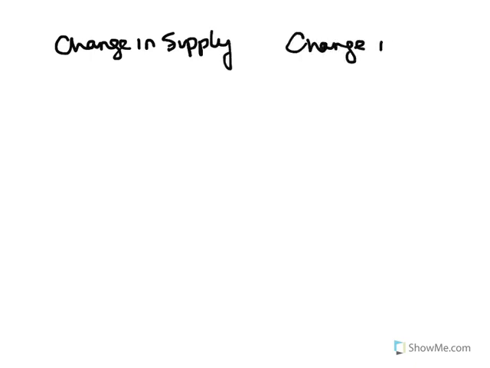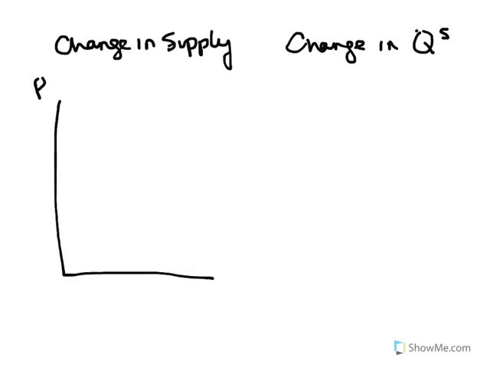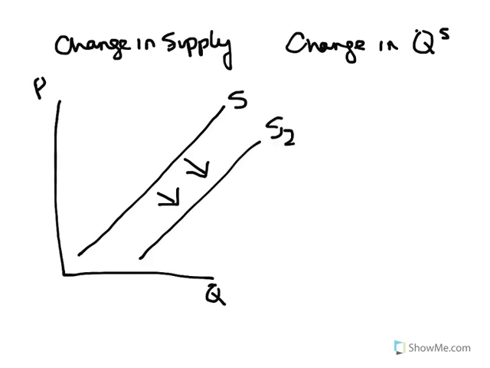So before I move on to reviewing what we've learned for the supply side of the market, let's make sure we understand the difference between a change in supply of a good versus a change in quantity supplied of a good. If we are talking about a change in supply of a good, that means we are always talking about the quantity supply changing at every single price level, which again is reflected by a shift of the entire supply curve.